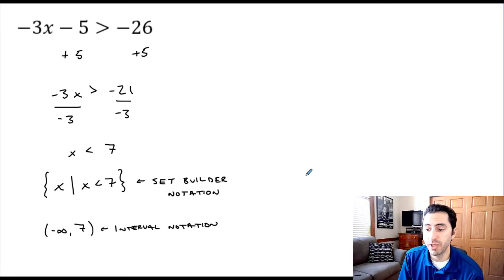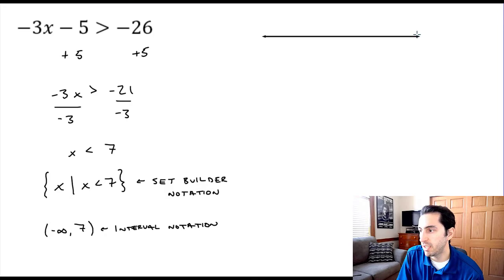And the last way we can represent this solution set is on a number line. So let's put a line, and then on this, I do need to put my interval. So I have this value of 7 where x is less than that. I just need to make sure that's on my number line somewhere.